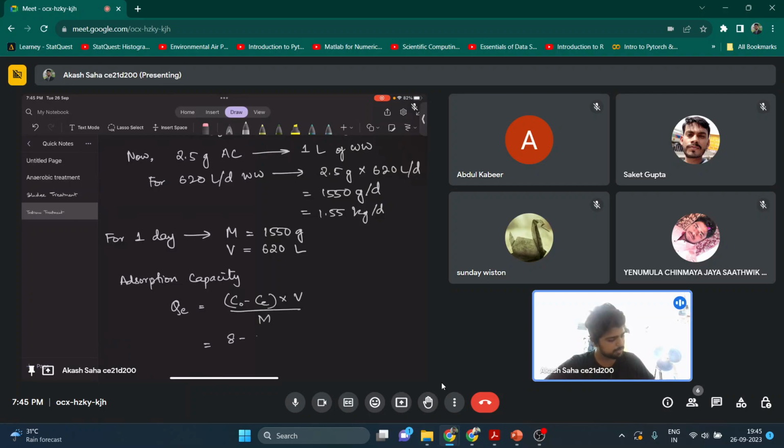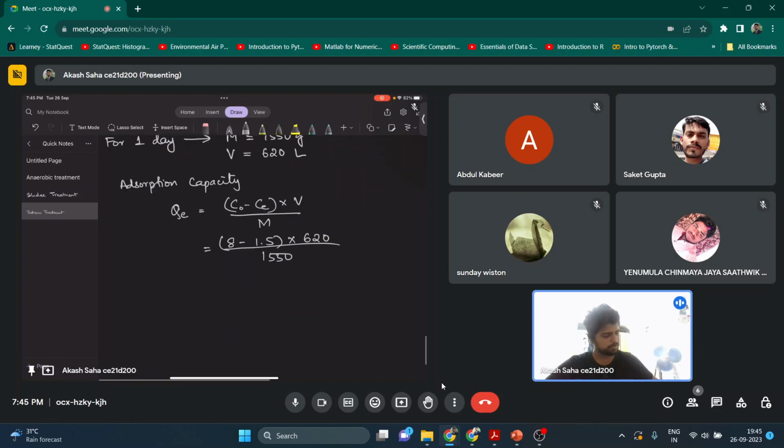So it is 8 minus 1.5 times 620 by 1550. If I solve it, I will get 2.6 milligram per gram. So I can say 2.6 milligram chromium per gram of activated carbon. So this is my solid phase concentration. Is it clear? Any doubt in this?